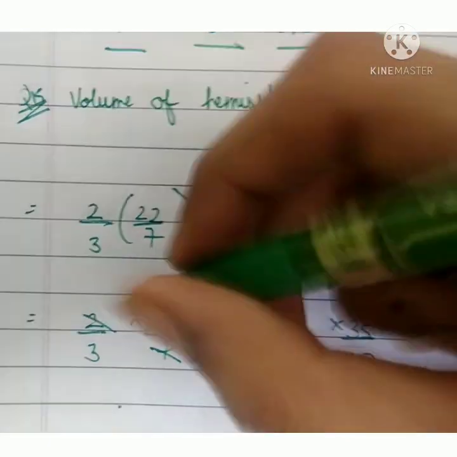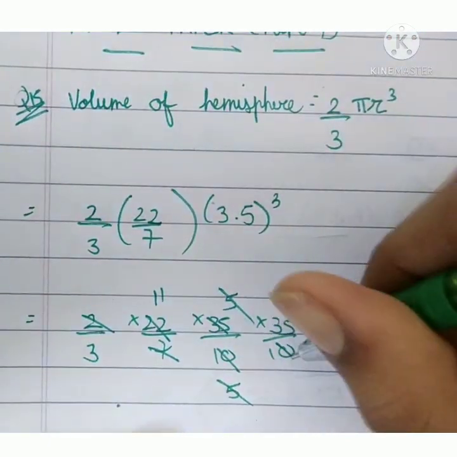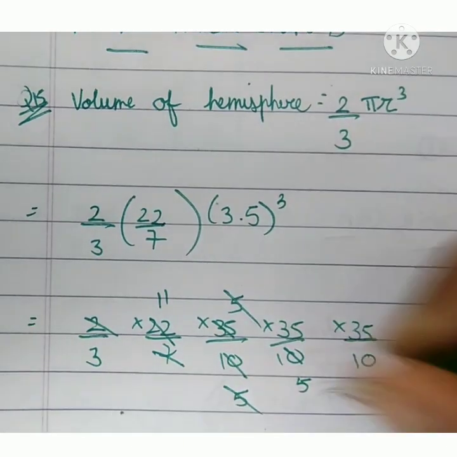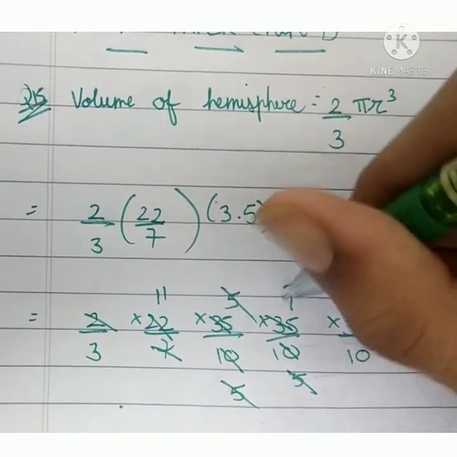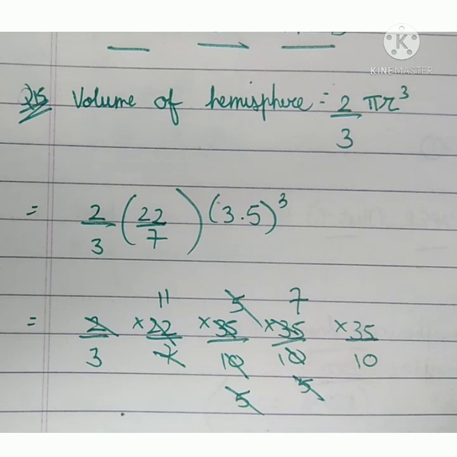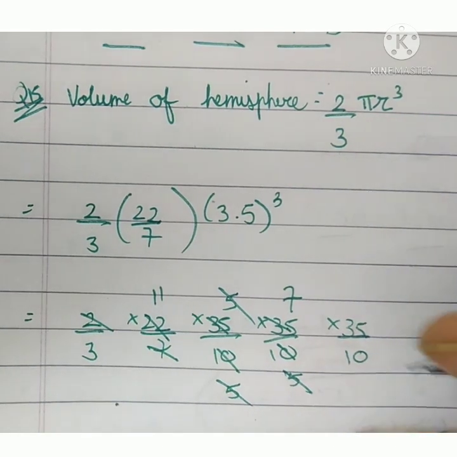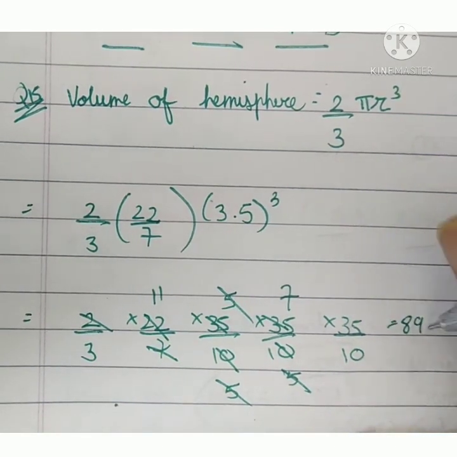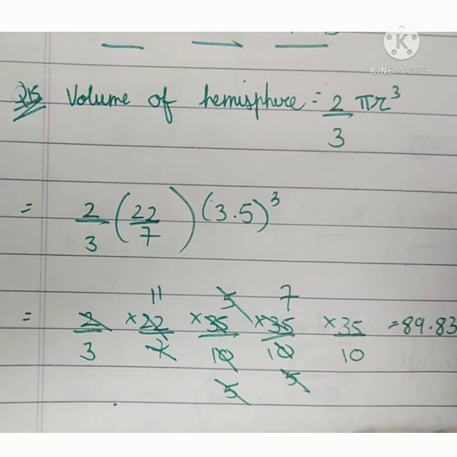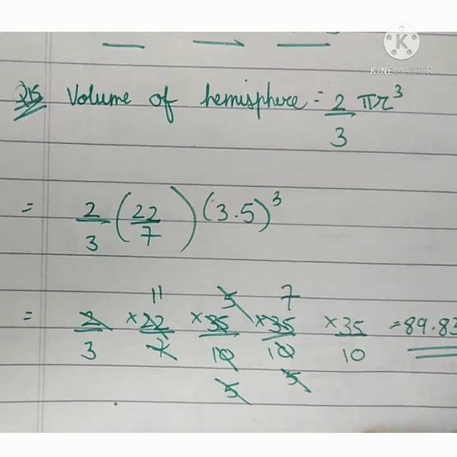It's so simple. 11, 5 and 7 will get cut. Now can you cut anything? Nope. So you have to just calculate the answer. I am not doing the whole calculation, but your answer will come to be 89.83 meter cube because we are calculating the volume.